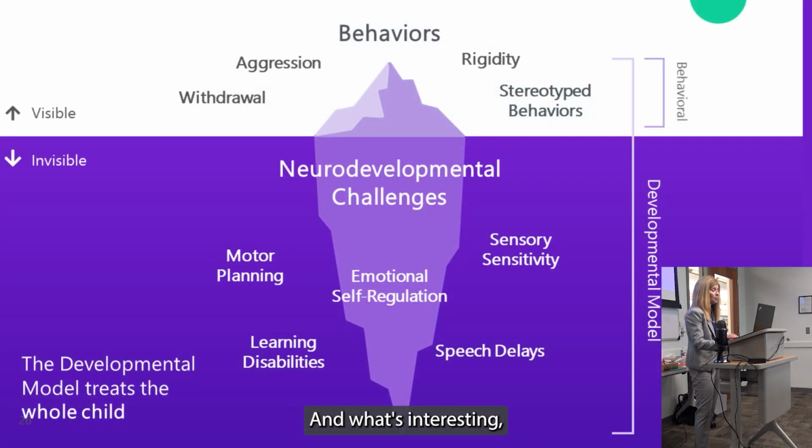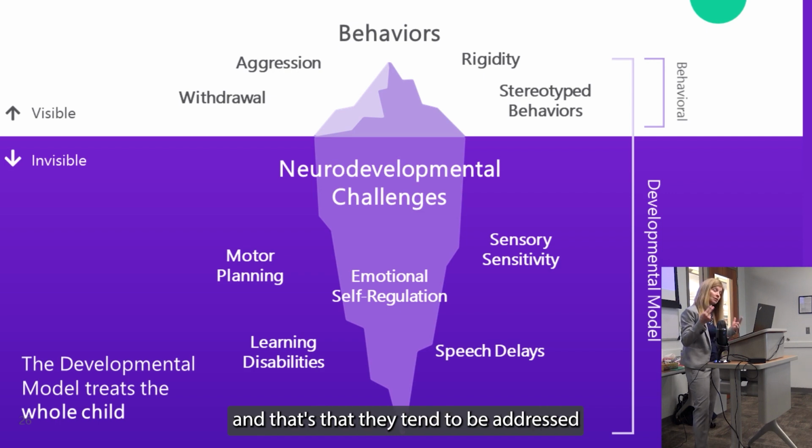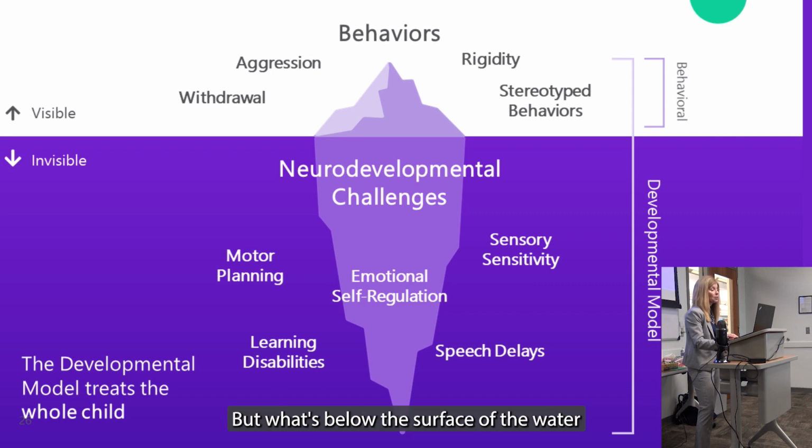And what's interesting, we often think about the developmental model with the iceberg analogy. At the surface of the iceberg are what usually are behaviors, and they tend to be addressed through a behavioral approach. But what's below the surface of the water are the underlying causes. And we're thinking about the individual differences, the profile of the child, where they're holding with their functional emotional development.